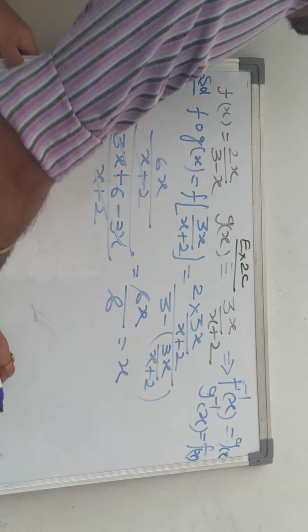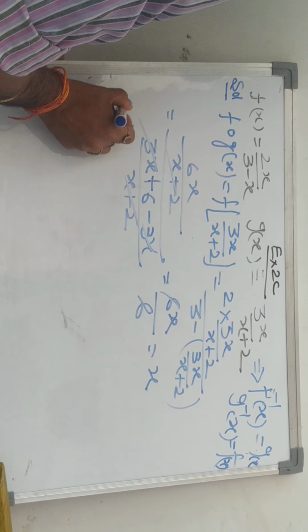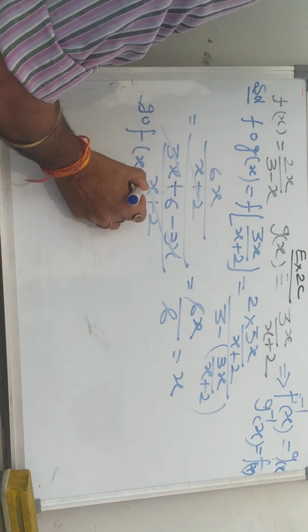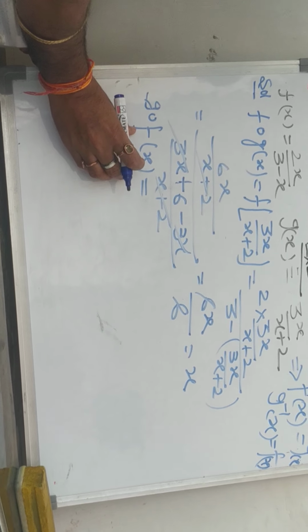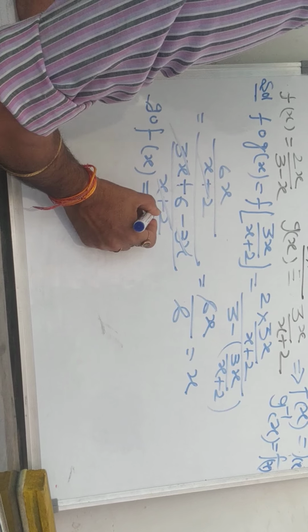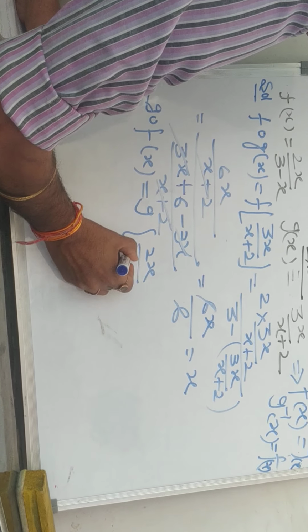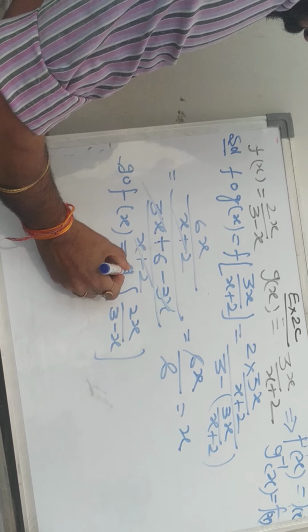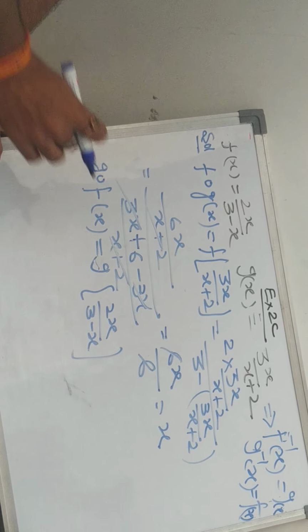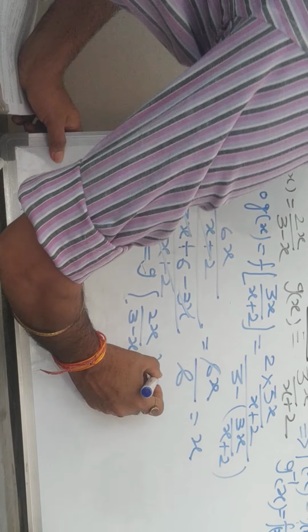Now we have to find g of f. First of all, we have to take f(x), whose value is 2x upon 3 minus x. Now we put 2x upon 3 minus x in place of x in the function g(x).